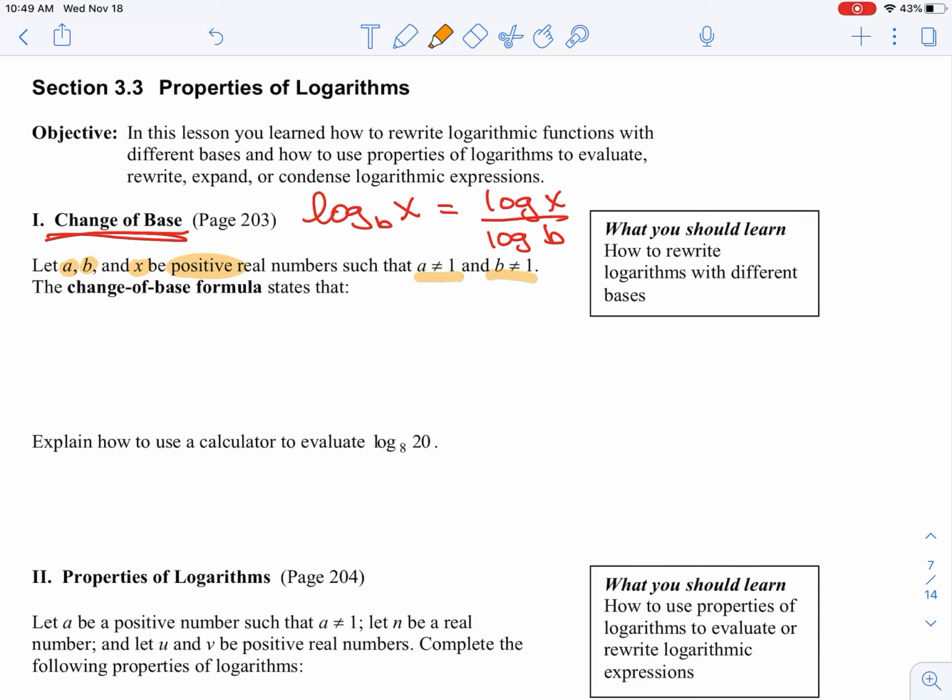The change of base formulas say that. So there's 3 here, okay? So we can convert the log base a of x using any of these.